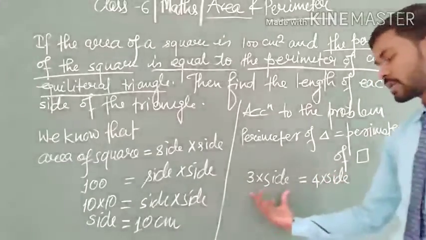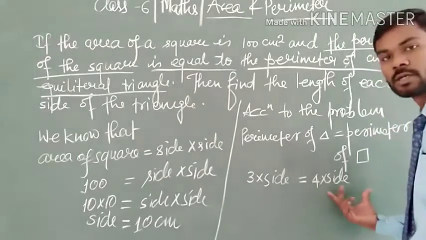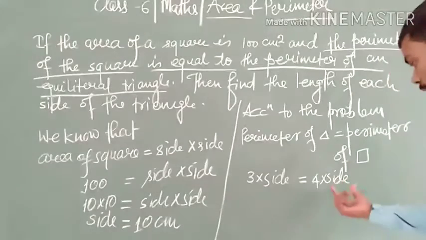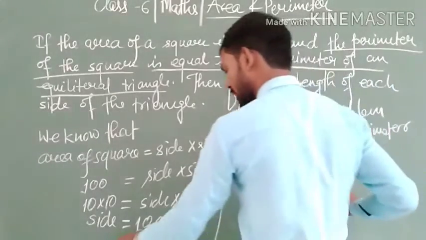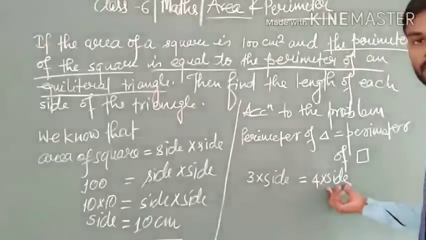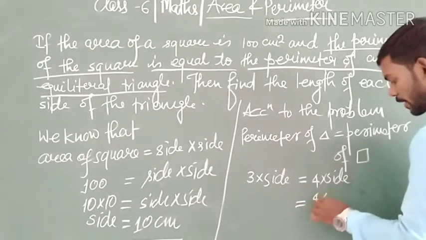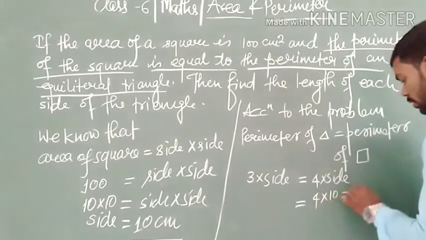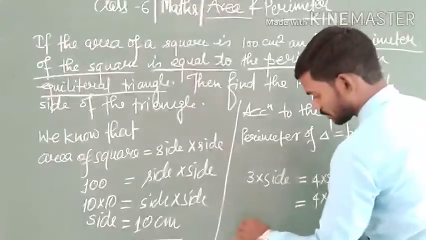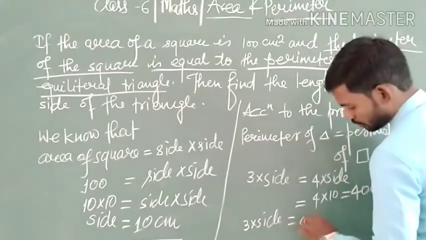Here we have got the side of the square as 10 centimeter, so we can write 4 multiplied by 10 is equal to 40 centimeter. That is, 3 into side is equal to 40.